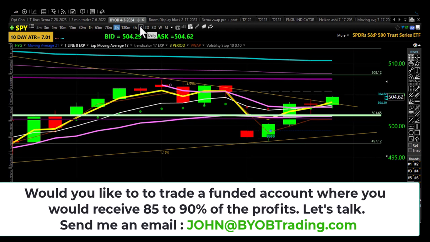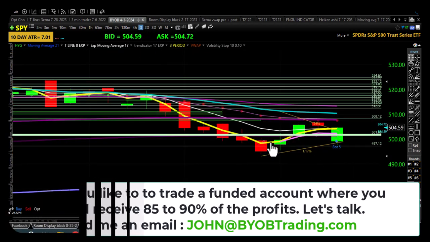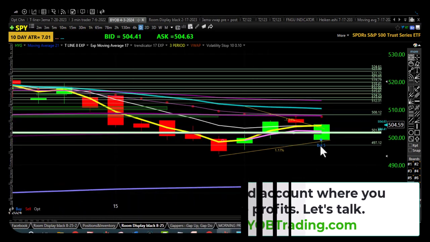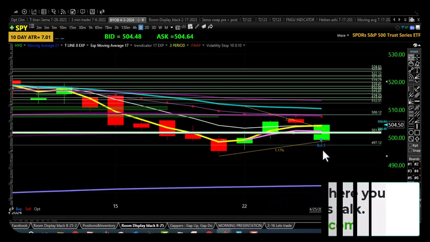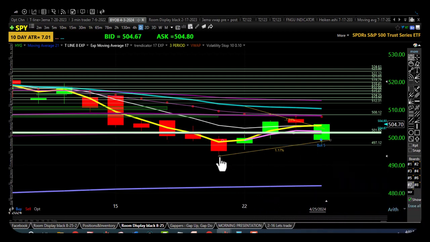On the daily chart, we are still in a downtrend. Today's price action: lower high, lower low, but it created a higher low. So I'm pinning these two spots together. See the price action there, see if it's going to break this line.